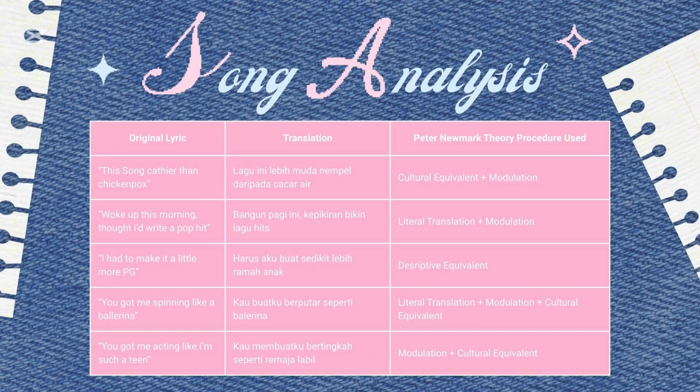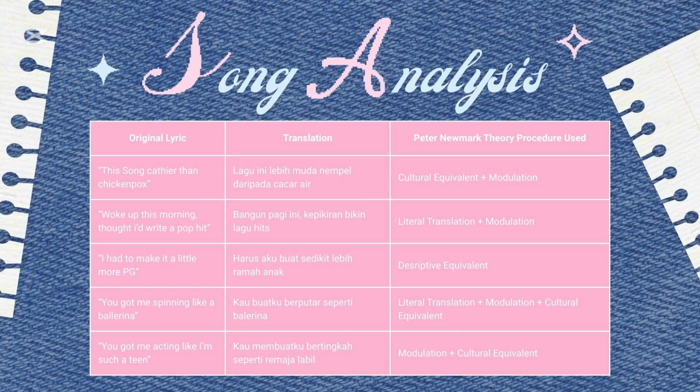Because the sentence is quite straightforward, and the metaphor, spinning like a ballerina, is universally understood. So, a literal translation still preserves both the meaning and the imagery. The word spinning becomes "muter," more informal and conversational.